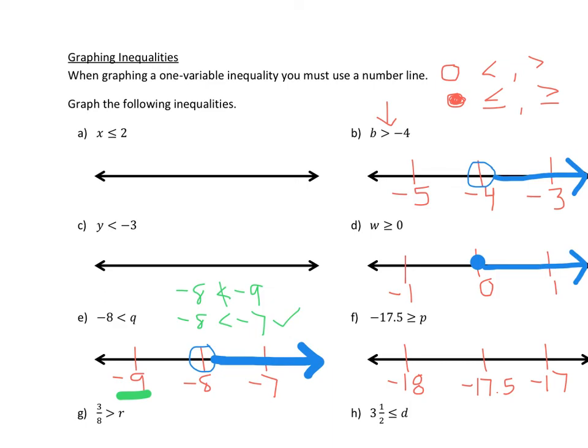It is a closed circle because it does have that equal to symbol on -17.5. And I want P values that are less than that -17.5. It's opening up towards -17.5, which tells me P is less than that. The values less than that are to the left. Complete the rest on your own.